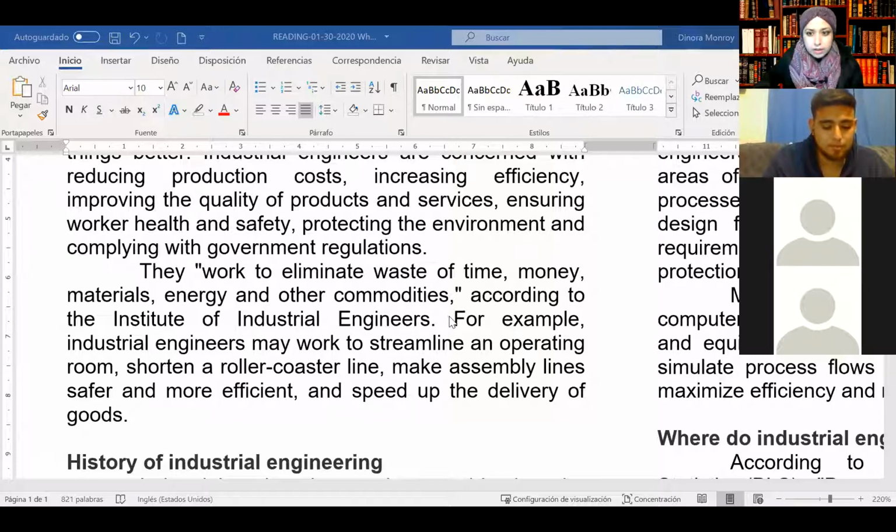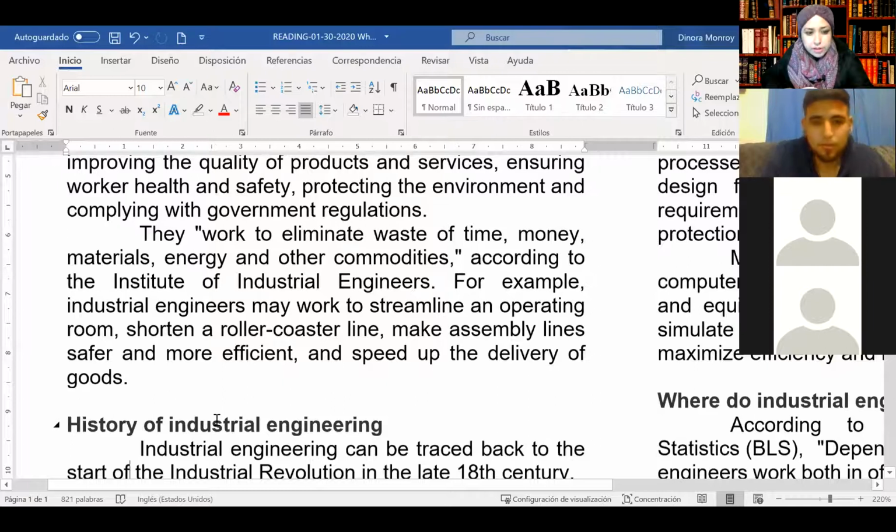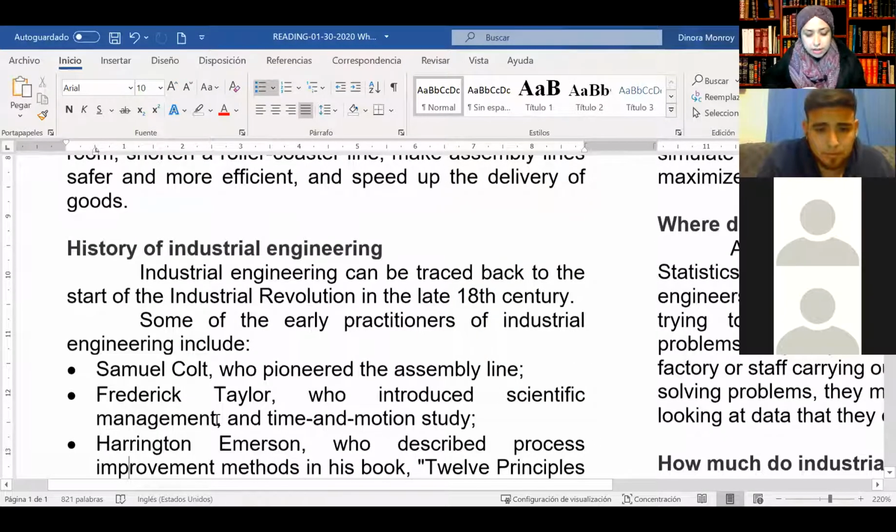For example, industrial engineers may work to streamline an operating room, shorten a roller coaster line, make assembly lines safer and more efficient, and speed up the delivery of goods. Good. So now we have the history of industrial engineering. Next person.